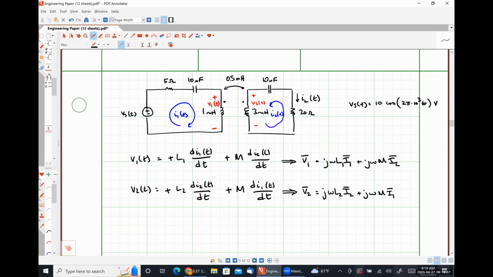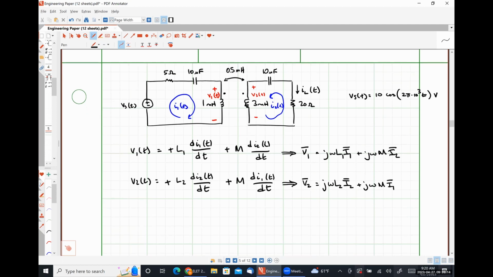We can no longer just say it's j omega L times I for the voltage drop across the inductor, because there's that mutual term too. So I've explicitly figured out what those voltage drops are going to look like when I write my KVL equations.